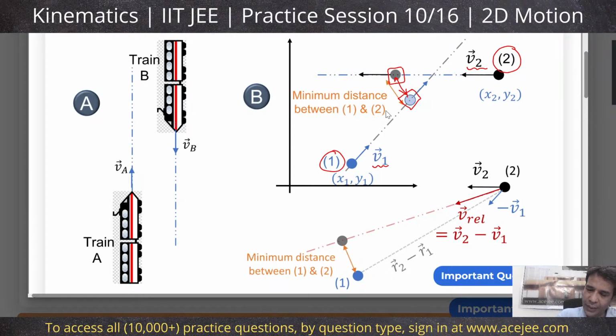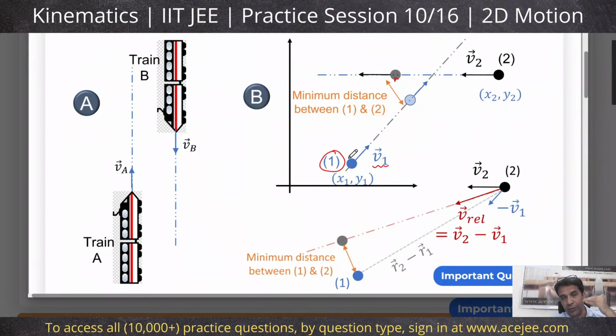Here, the concept of relative motion or relative velocity will come in very handy. Okay, let's see. Let's say you are sitting in the reference frame of V1, right?